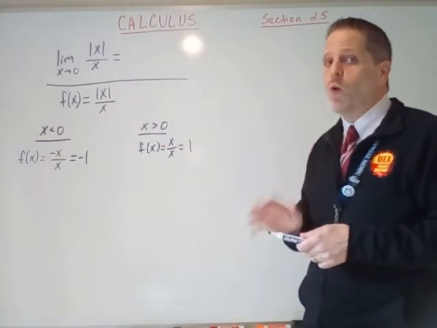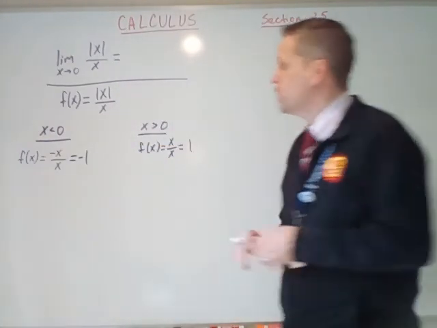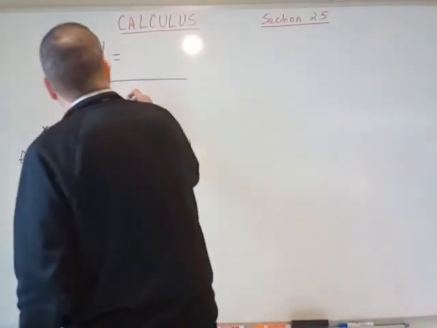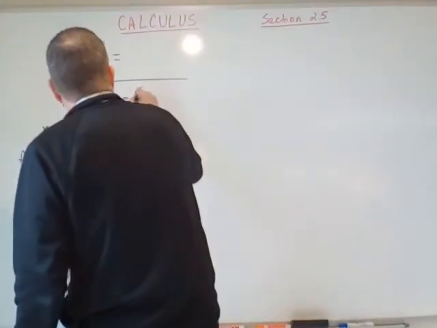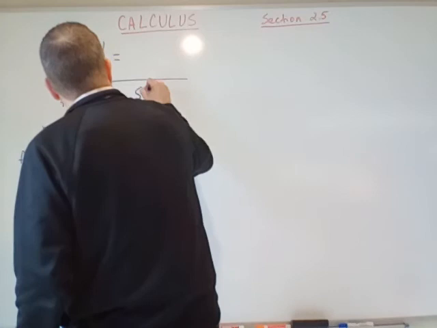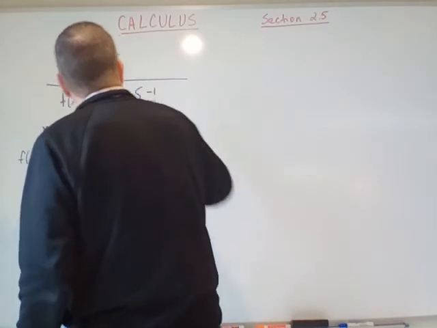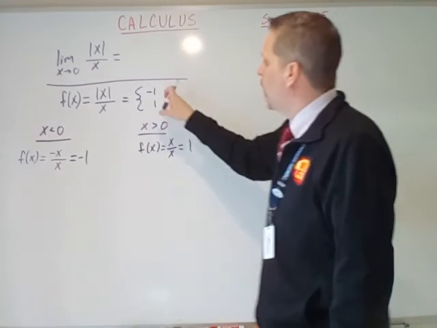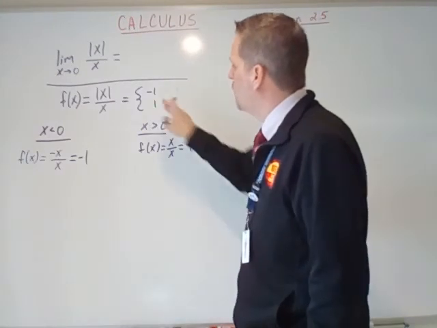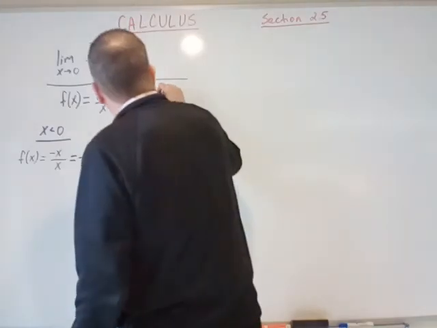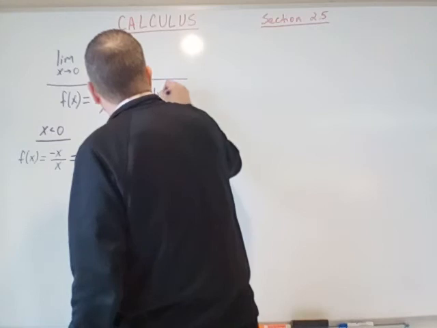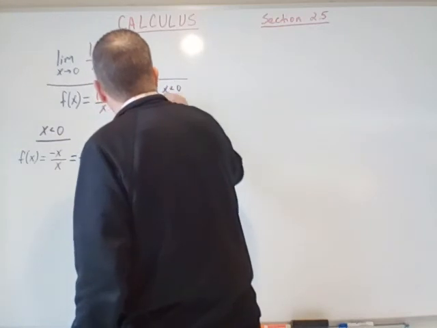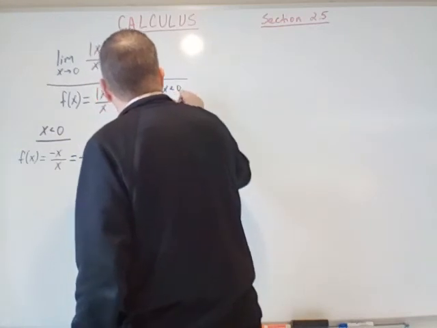I could rewrite this function into two pieces: -1 and 1. When we are to the left of 0, we're at -1. When we're to the right of 0, we're at 1. And I would say when x is less than 0, when x is greater than 0.